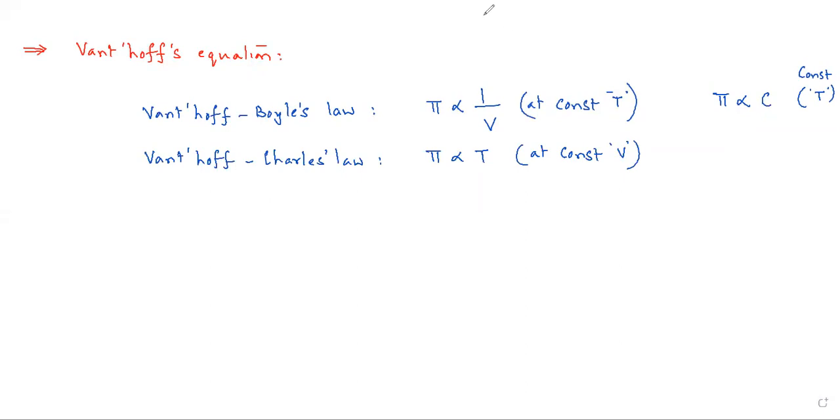Now, from these two, it can be given as pi is proportional to T by V, right? Or in this case, pi is proportional to CT.